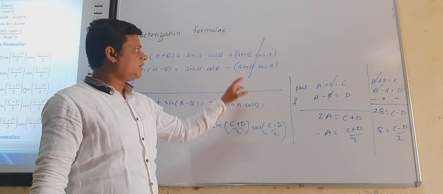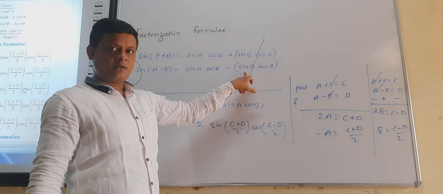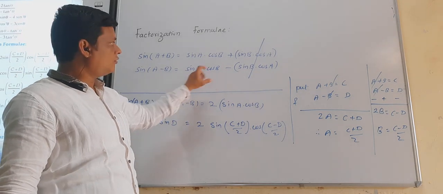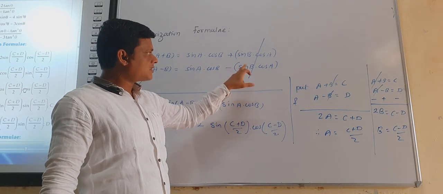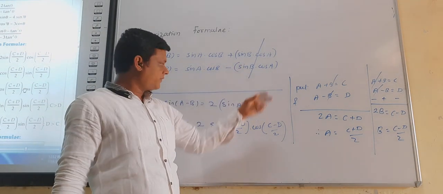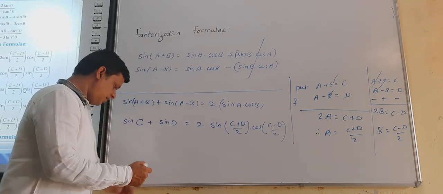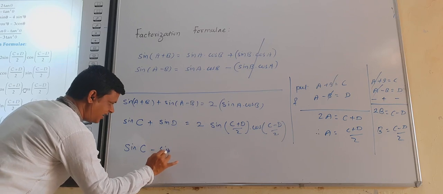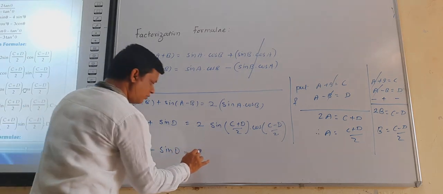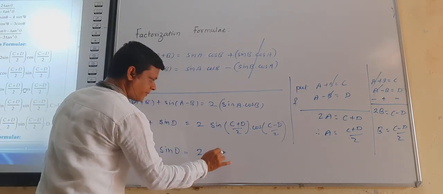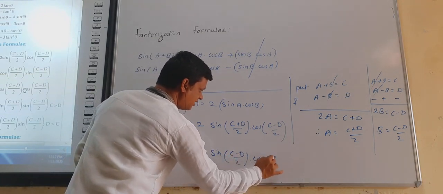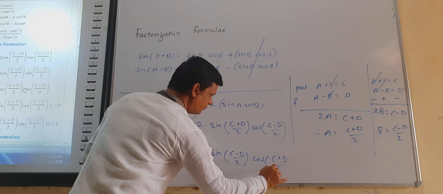Here, instead, these two terms get cancelled, so we get 2 times sin b into cos a. That means in sin c minus sin d, we write 2 sin c minus d by 2 into cos c plus d by 2.